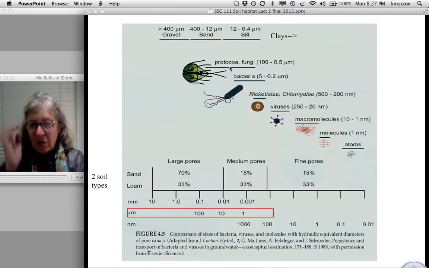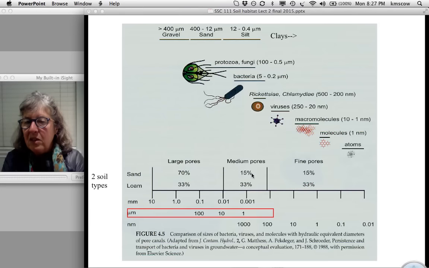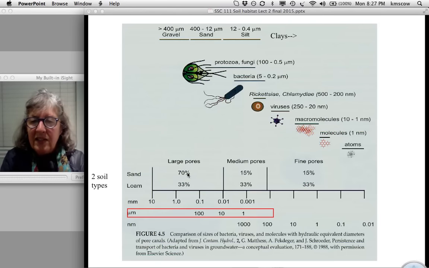And then protozoa and fungi getting bigger. There's not so much room for them in the soils that have more of their pores smaller, but there's more room for them in the larger, coarser, textured soil, like a sandy soil.